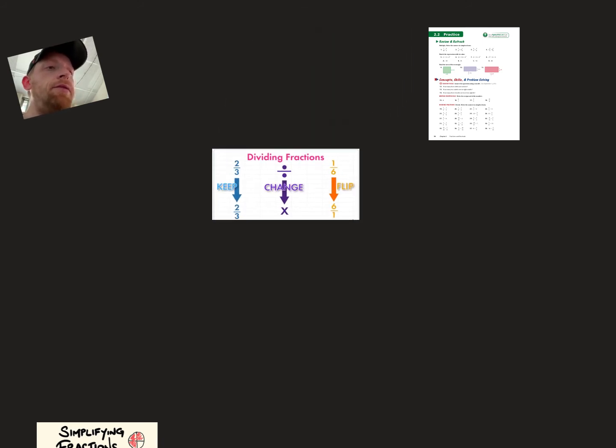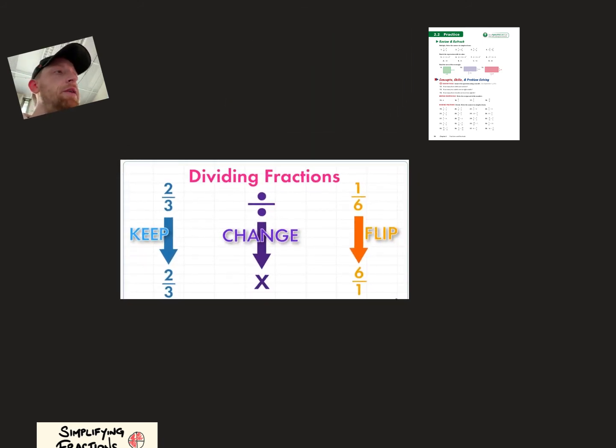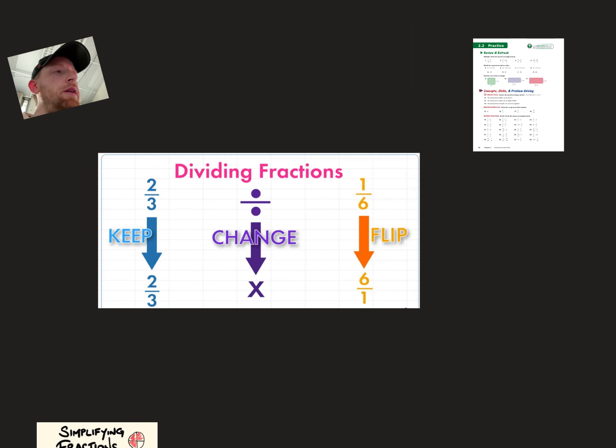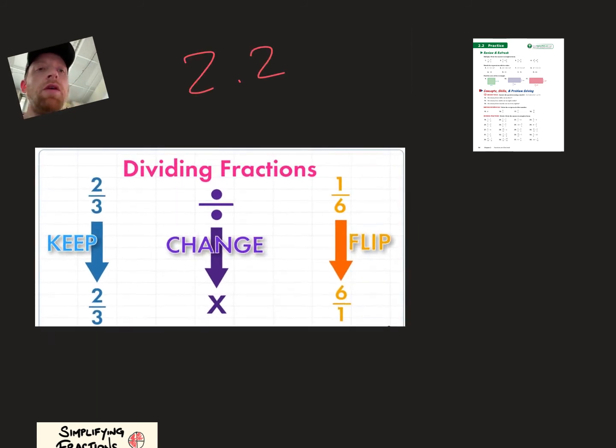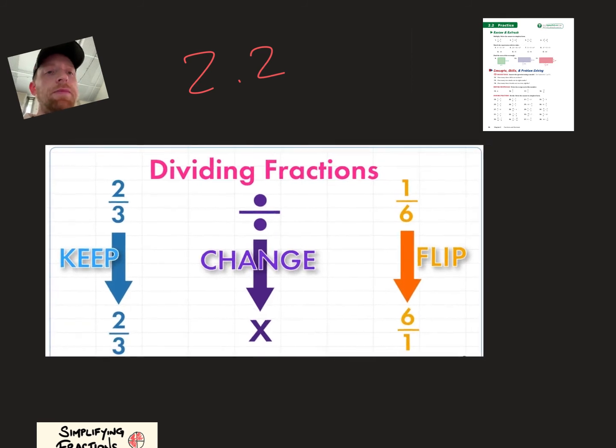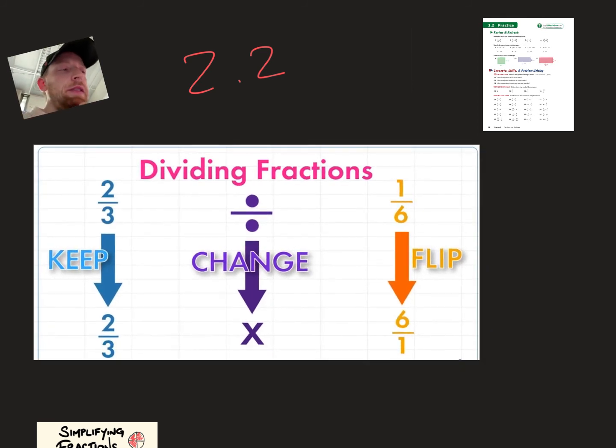Now let's get into our next operation for Unit 2, which is technically going to be 2.2, dividing fractions. When you divide fractions, it's pretty simple. There's only one trick. When you see a fraction, then a division sign, and then another fraction, what you're going to do to the second fraction is flip it.